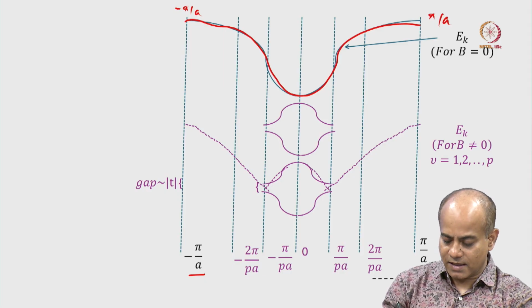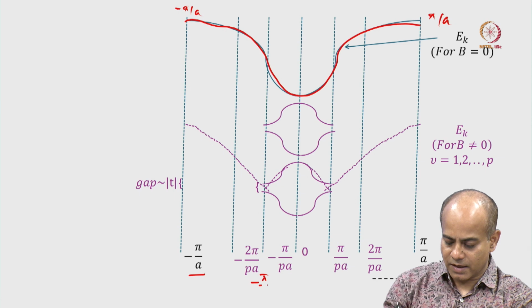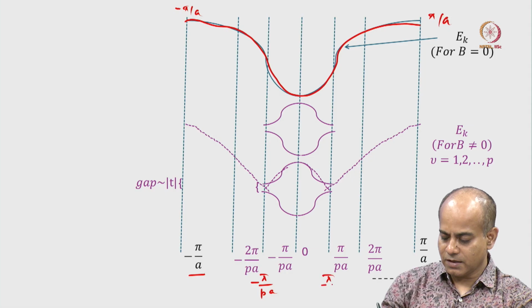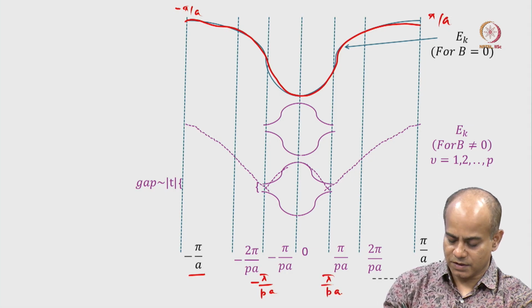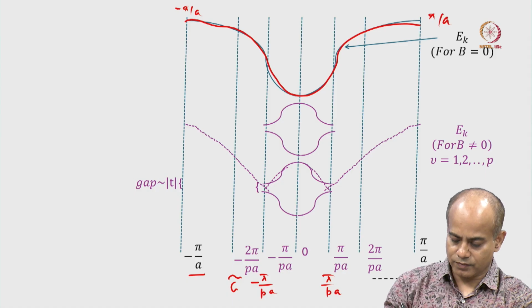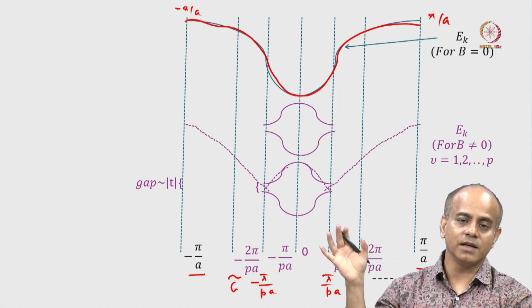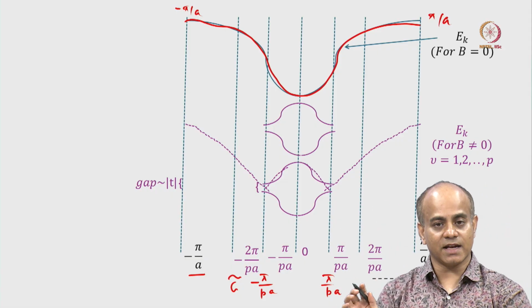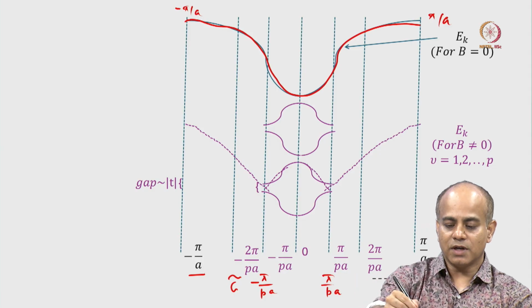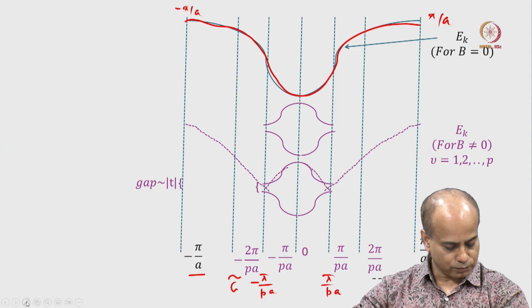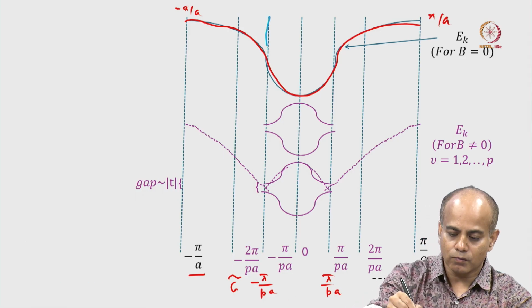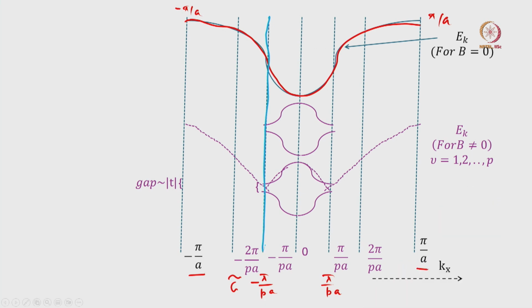And now our unit cell from minus pi by p a to plus pi by p a, right. These are our g tilde. Along y direction it remains periodic. So, along y direction the band structure will remain the same, it is only along the x direction, and that was the choice of the gauge. So, now this becomes our reduced Brillouin zone or magnetic Brillouin zone.